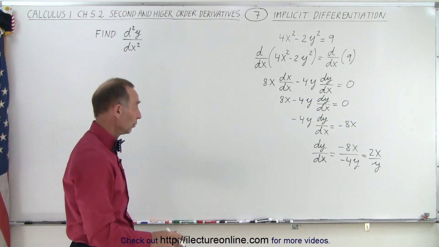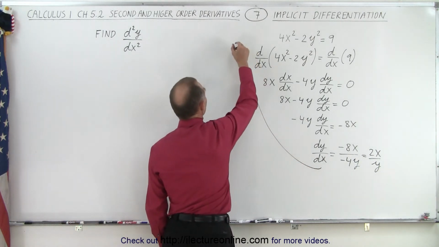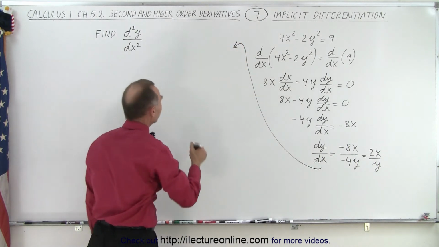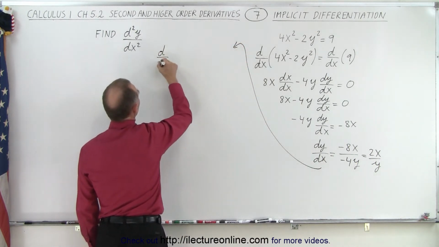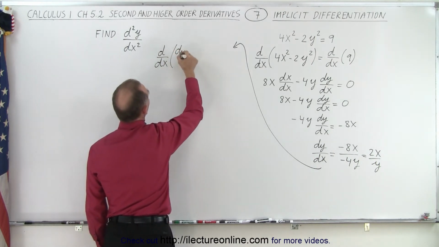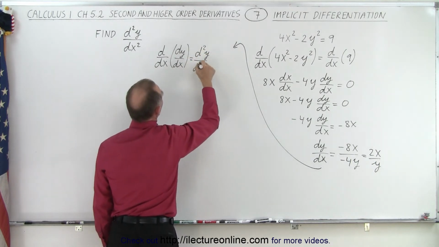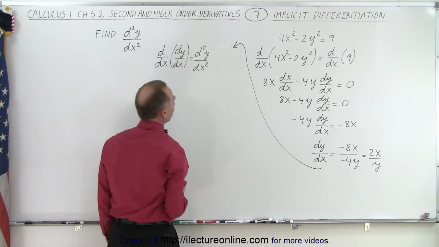So now what we can do is take the second derivative. Now we're going to take the second derivative, which is the d dx of the dy dx, which is equal to d squared y dx squared, which is how we write the second derivative of y with respect to x.